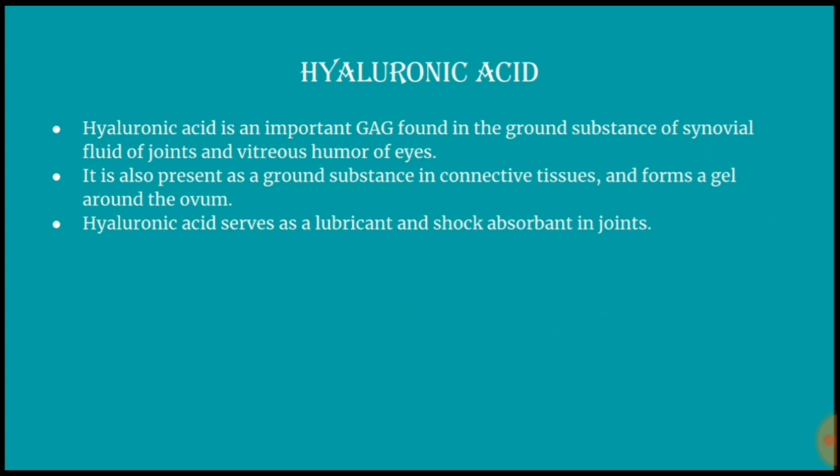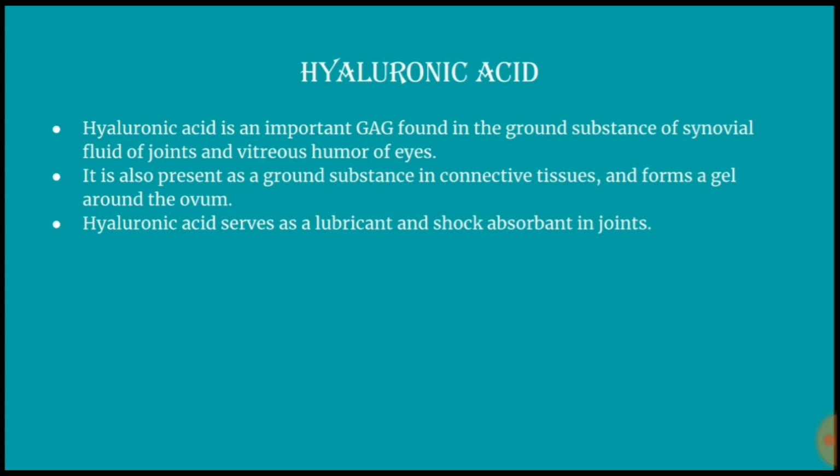So this fluid keeps the joints moist, like oil for an engine to work efficiently. And the vitreous humor of the eye is important for the eye's nutritive supply as well as keeping the eyes fresh. So that is how hyaluronic acid helps.